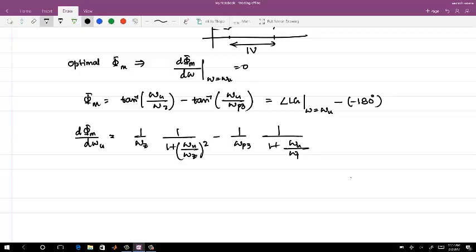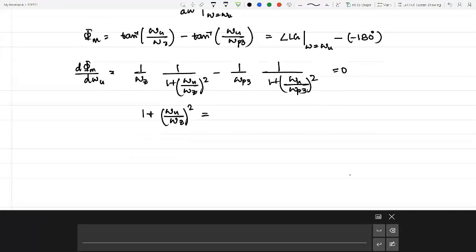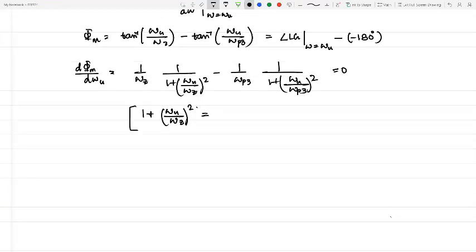So omega u by omega p3 whole square, right? And this derivative should be equal to 0, which implies I have 1 plus omega u by omega z whole square is equal to this derivative times omega z by omega p3 and 1 plus omega u by omega p3 whole square.